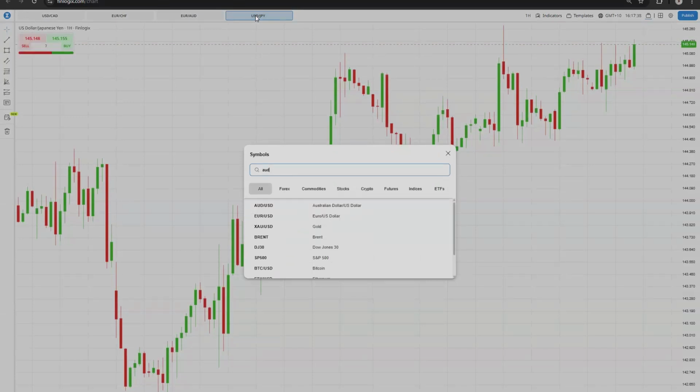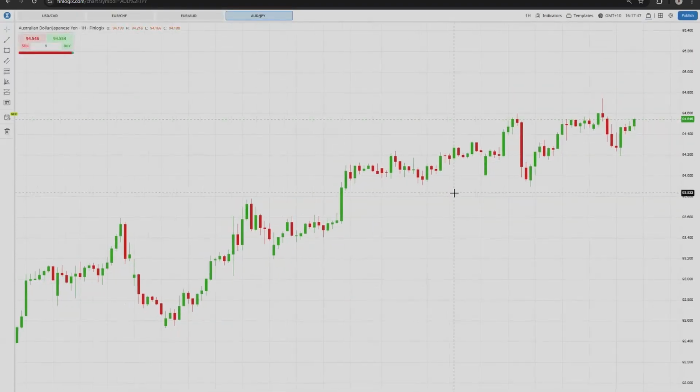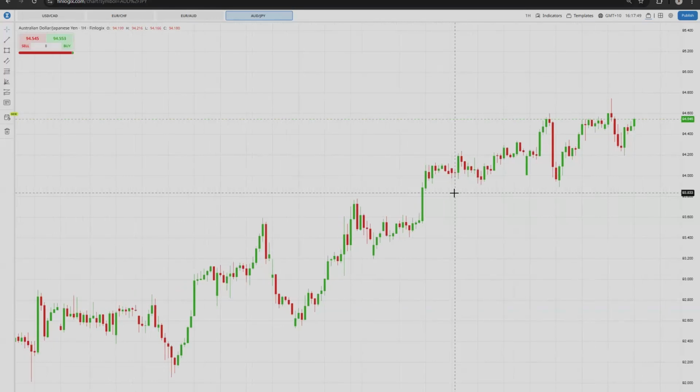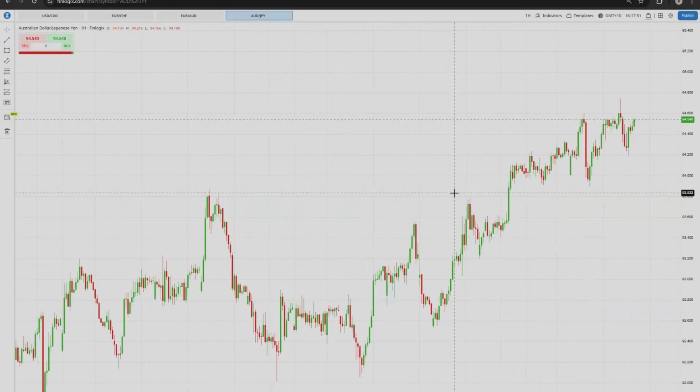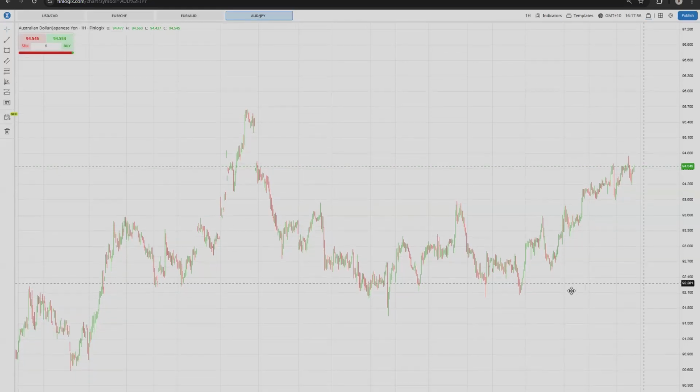Aussie yen. This one is very interesting because the Australian dollar is not that strong in my opinion.